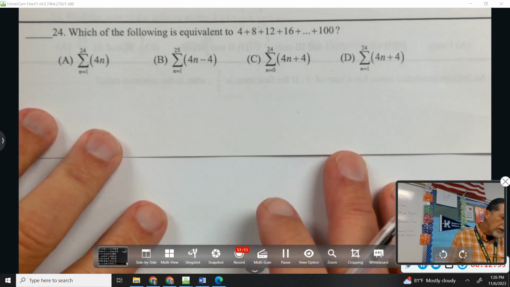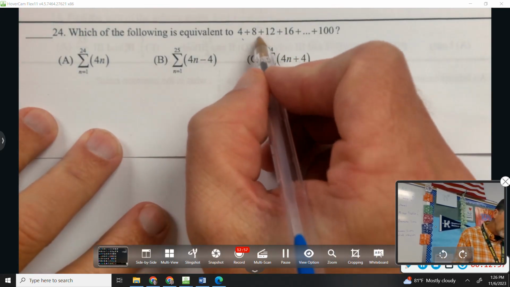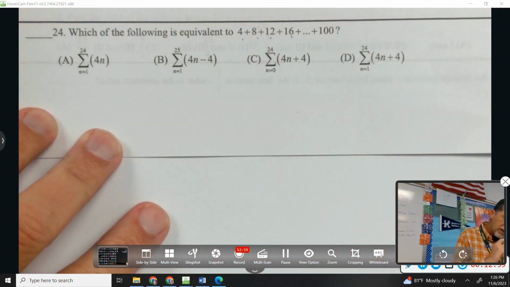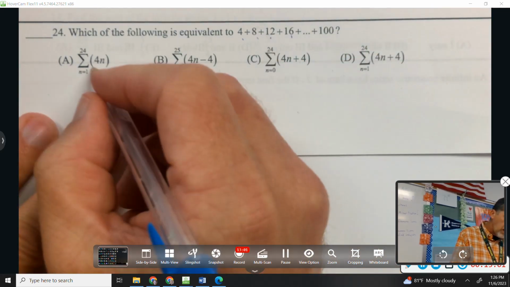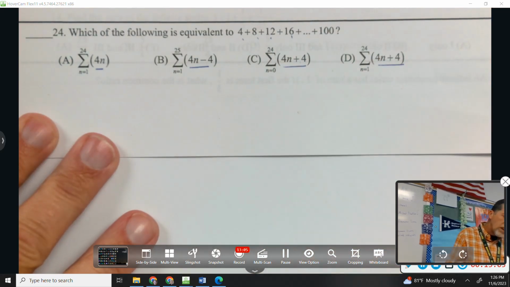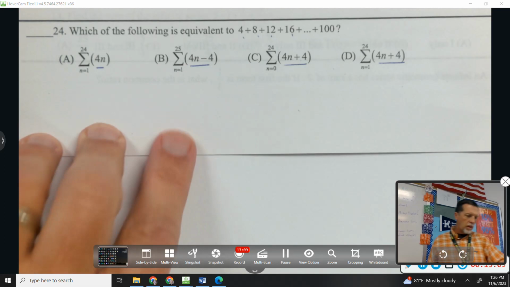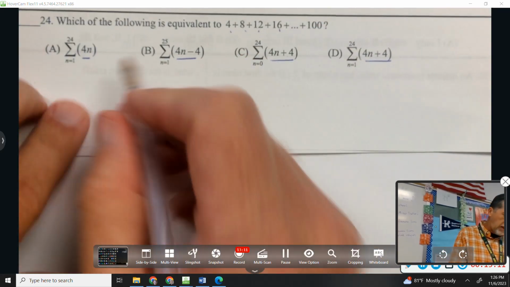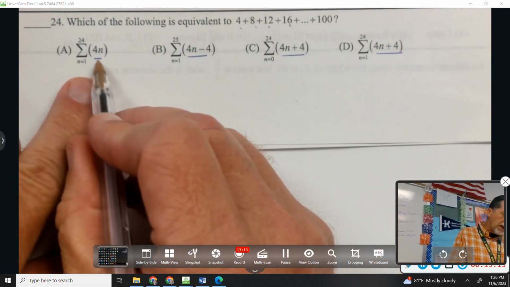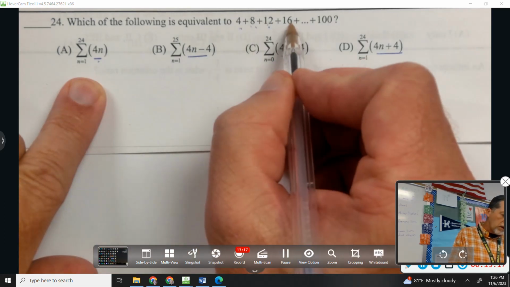24. Which of the following is equivalent to adding up 4 plus 8 plus 12 plus 16? Okay. Well, what I might want to check first is the inside, which one matches the term. And I think 4n would match the term, if n is 1, 2, 3, 4.